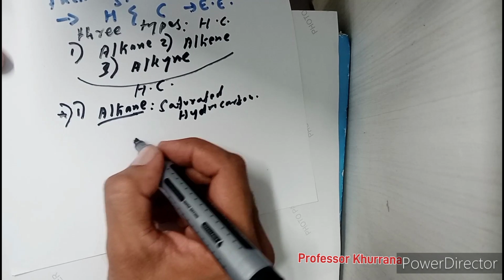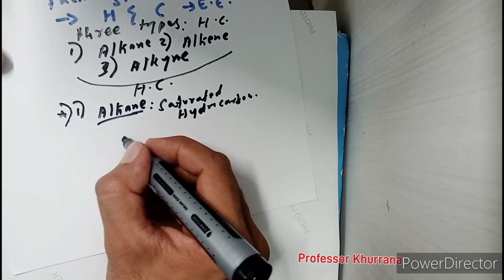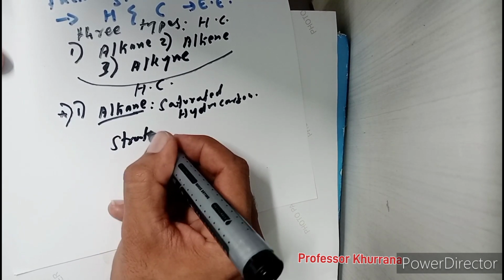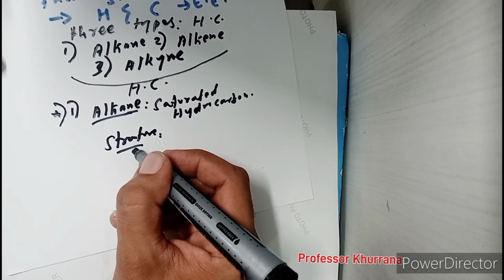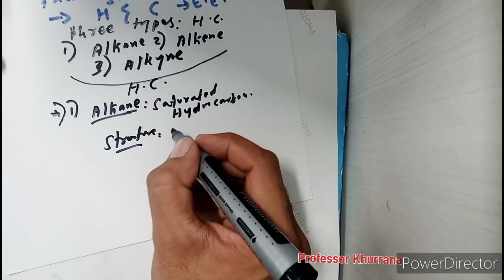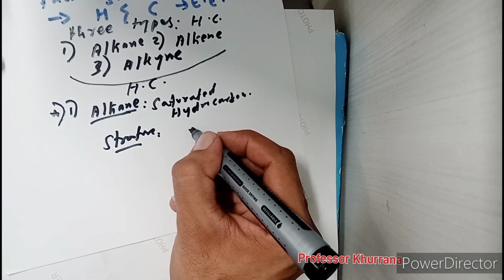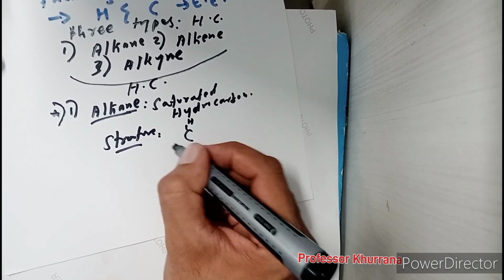Let's discuss it with an example structure. The alkane structure is carbon, hydrogen.